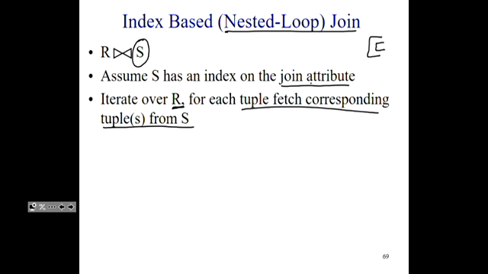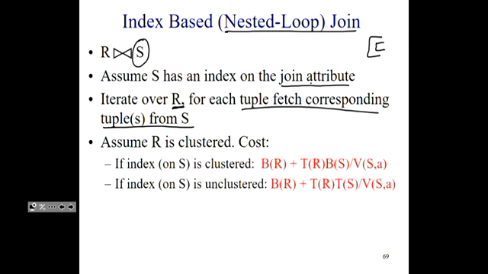Now in this case, you are going to loop through R as usual, and you're going to look up the index for S. So how would that work out? If the index on S is clustered, remember the computation for the nested loops: there was a cost for reading R and a cost for reading S a certain number of times.